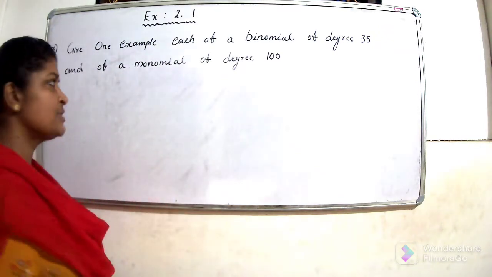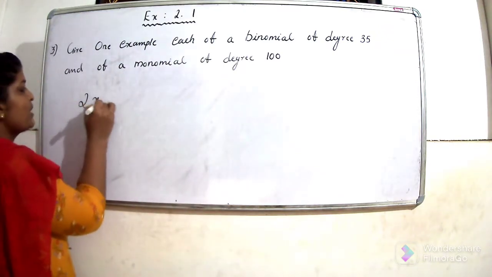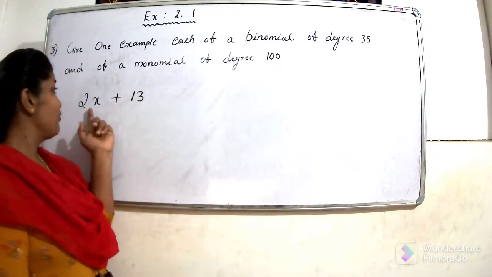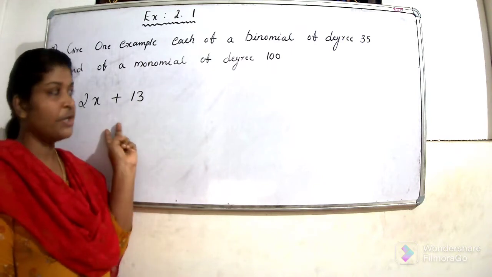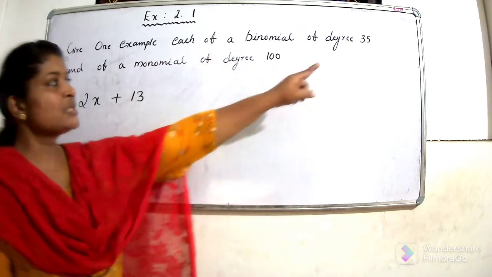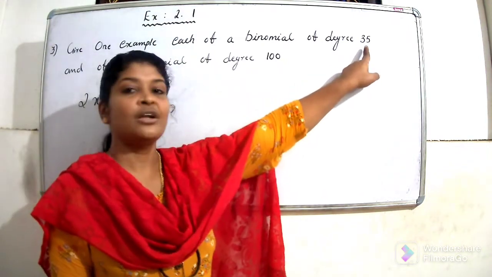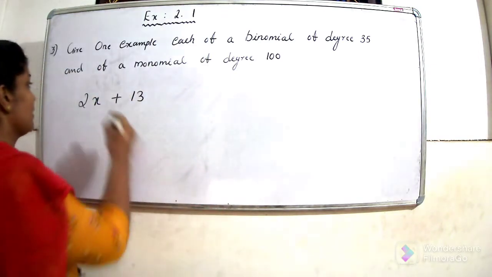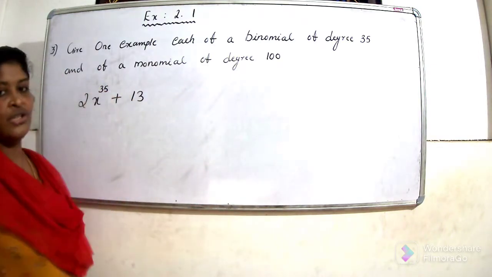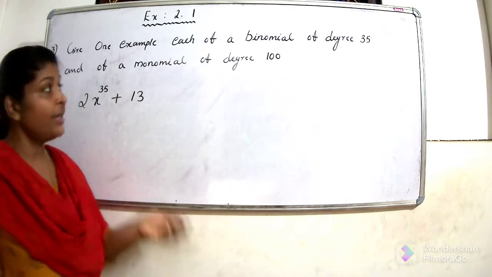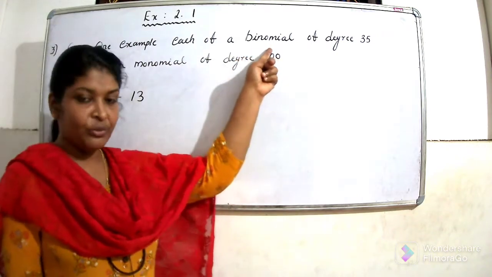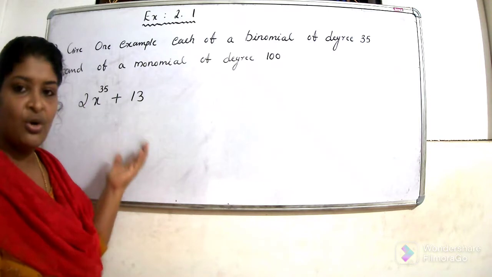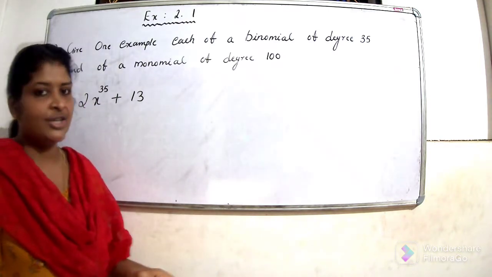So you can take any example, for example 2x plus 13. This is a polynomial having 2 terms, so it is a binomial. Then we also have to satisfy the condition that the degree should be 35, so we write the variable's power as 35. So this is an example. Any other example you can write. Two conditions are there: it should be a binomial, and the power should be 35. I have written only one here. You can write any other example, no problem.